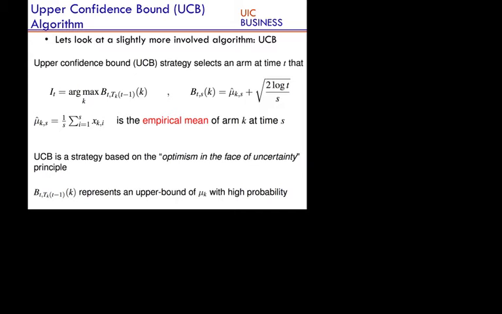That's the intuition. If it has been tried a lot, then this term is downplaying that arm. But then that arm may have a really high empirical reward, so you may still keep trying it. It's implicitly trading off exploration and exploitation.